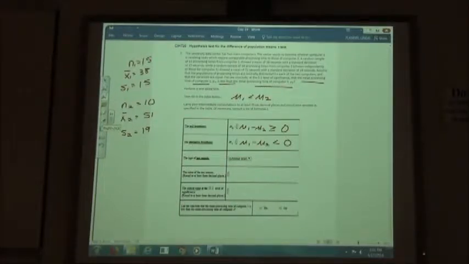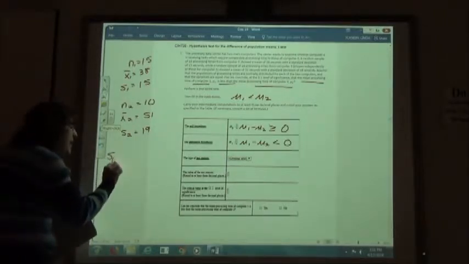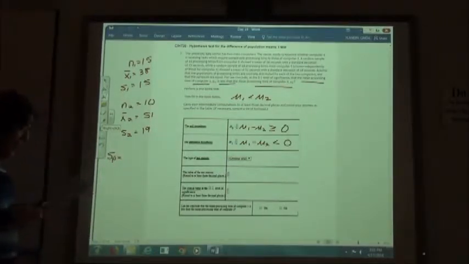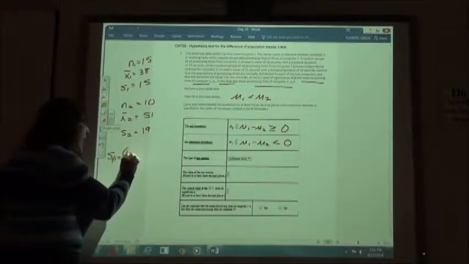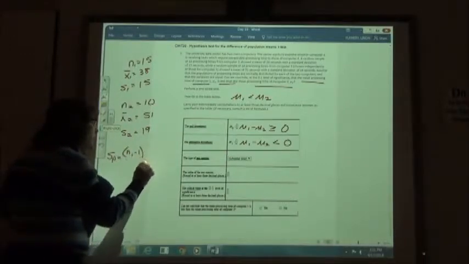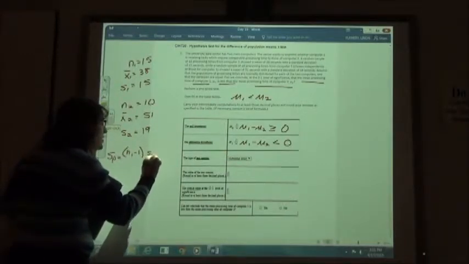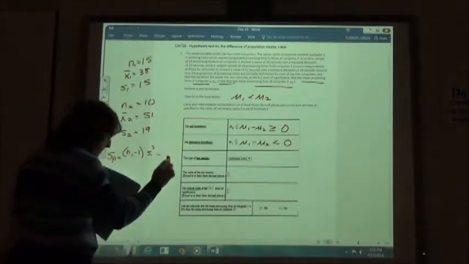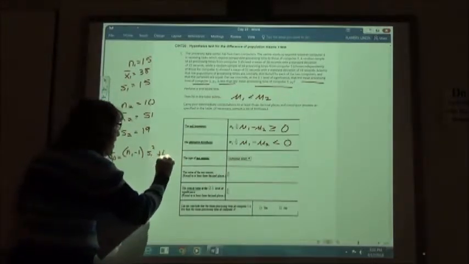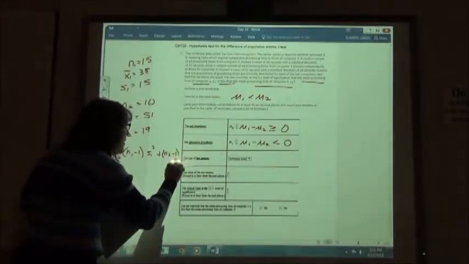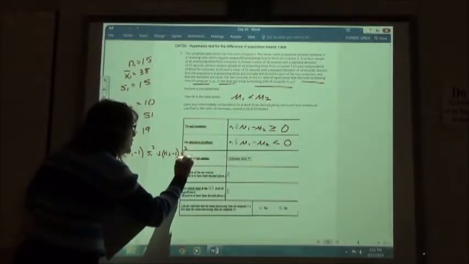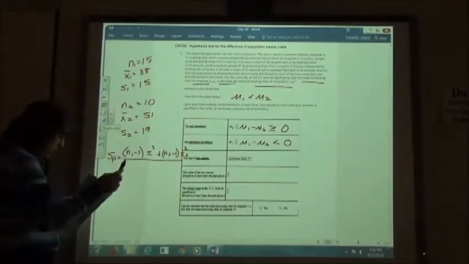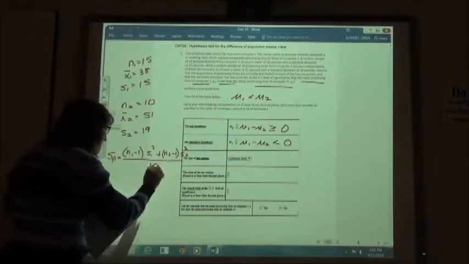All right, so now this is going back to the formula that we started with way back on homework 18, where we first have to find our SP number. The SP number again was N1 minus 1 times S1 squared plus N2 minus 1 times S2 squared over my degree of freedom.